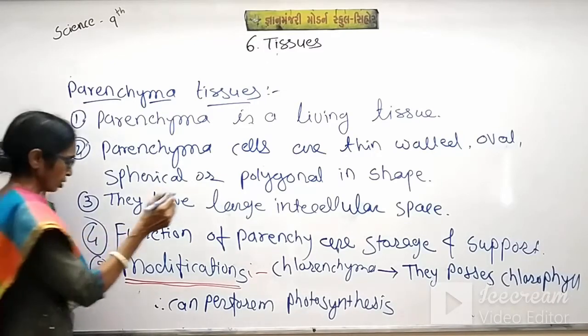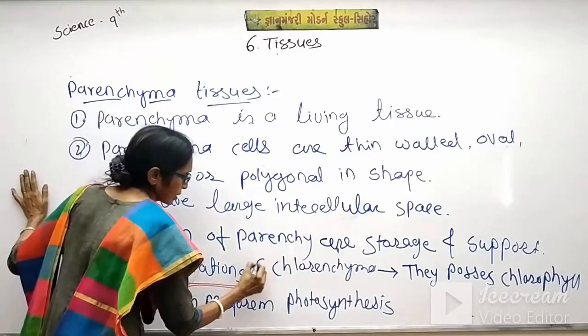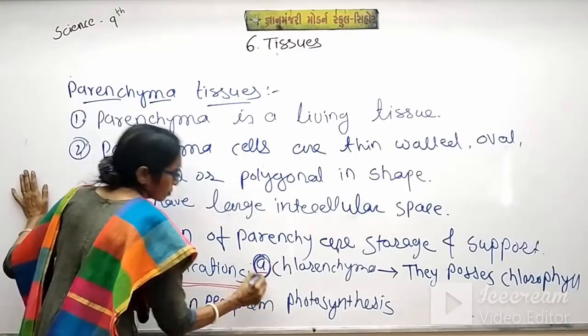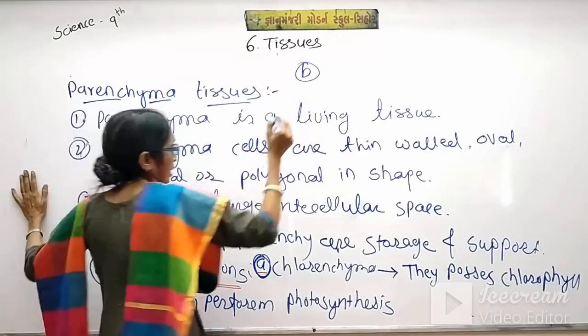I will write it here, students. Suppose we can say this is A, and here the second modification, aerenchyma.